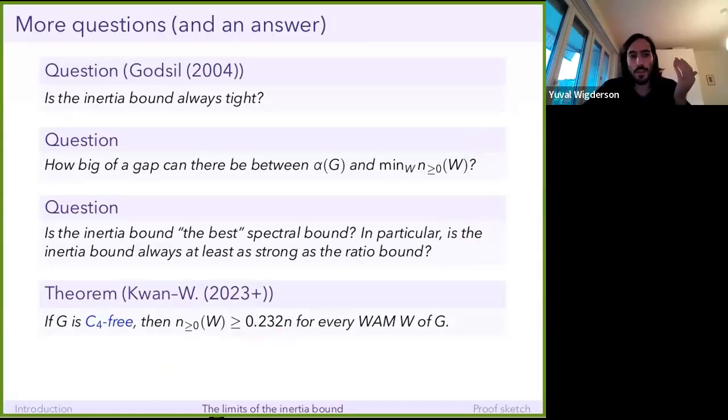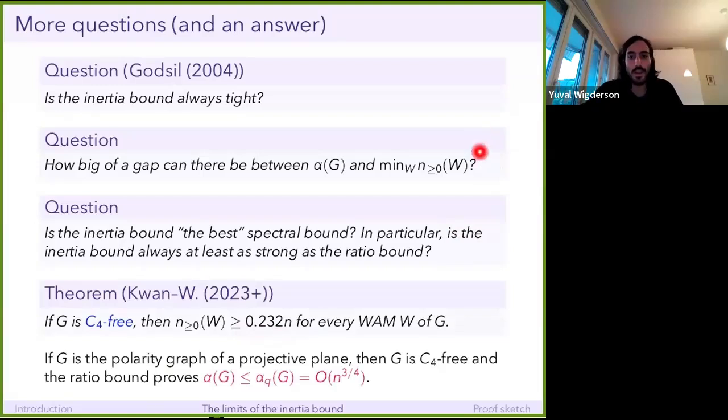In particular, you can get a very large separation. If you think of your favorite example of a C4-free graph, then hopefully you're thinking of my favorite example, which is the polarity graph of a projective plane. That's an example of a C4-free graph with the property that the ratio bound shows you that the independence number is of order n^(3/4). And in fact, so is the quantum independence number.